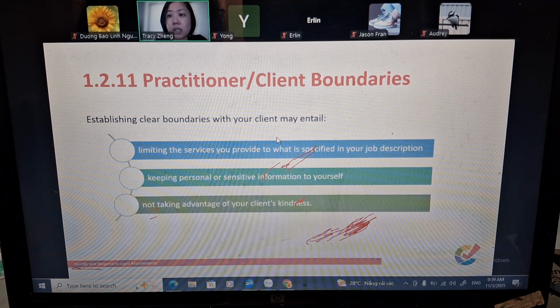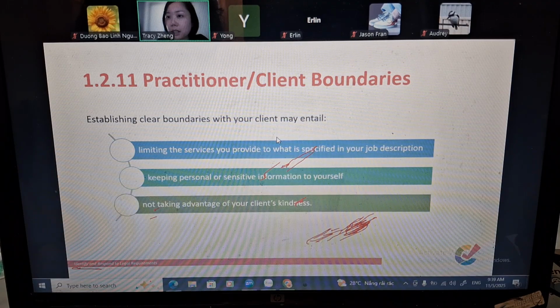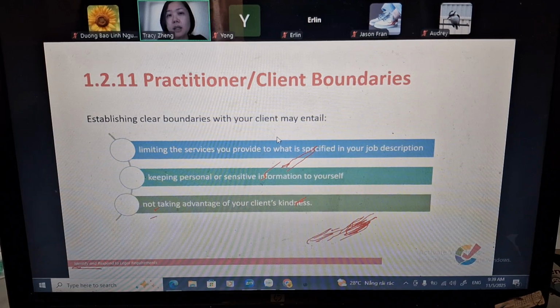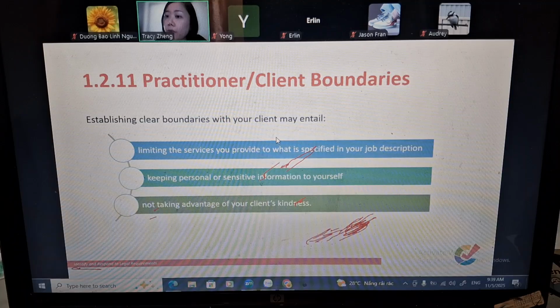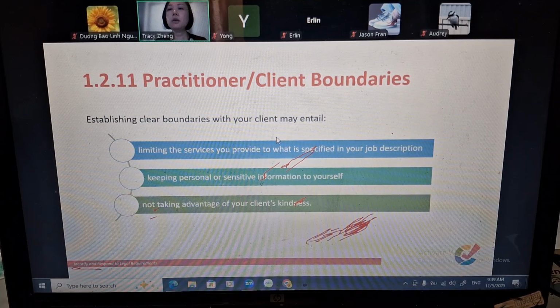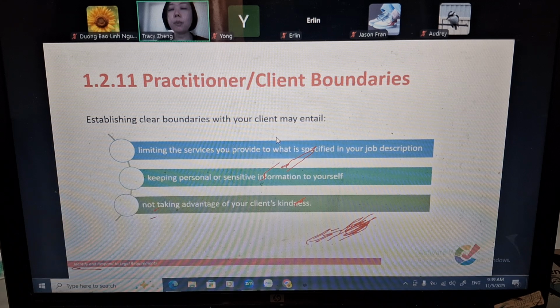Then they start sharing their arguments with the clients in the workplace, asking the clients' opinions and discussing all of that. That is not good. That is breaching your professional boundary. Keep your private life and your workplace separate, and do not share your sensitive or personal information with your clients, or even with your colleagues.